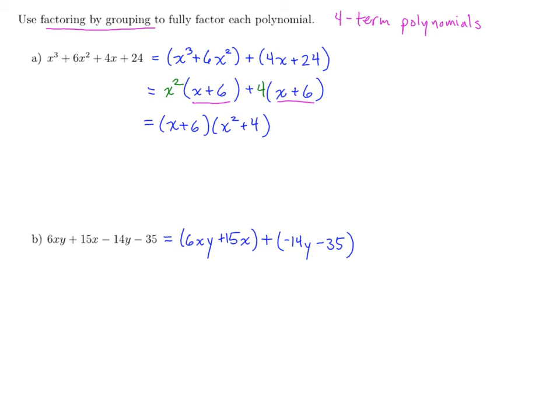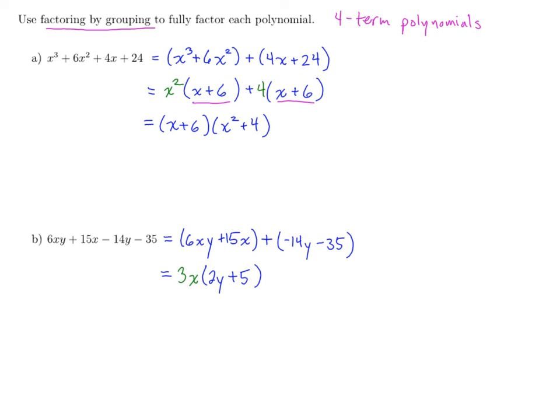With 6xy plus 15x, the most that I can factor out is 3x. Between 6 and 15, 3 is the greatest common factor, and between xy and x, x is. So I'll factor 3x out of that first group, and I'll be left with 2y when I factor 3x out of 6xy, and when I factor 3x out of 15x, I'll be left with plus 5. So that first group factors into 3x times the expression 2y plus 5.